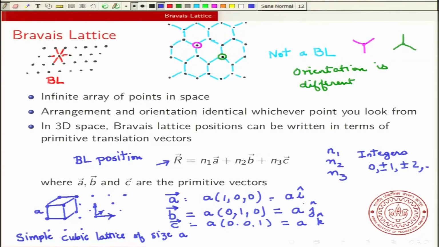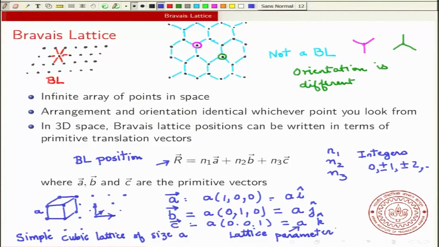Now, this quantity A is referred to as the lattice parameter, and we can see that in a cubic lattice there is only one parameter. So, the simple cubic lattice has only one lattice parameter.